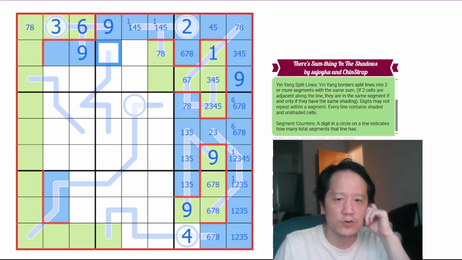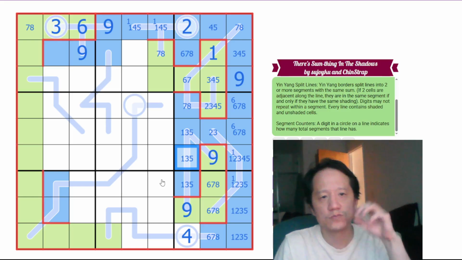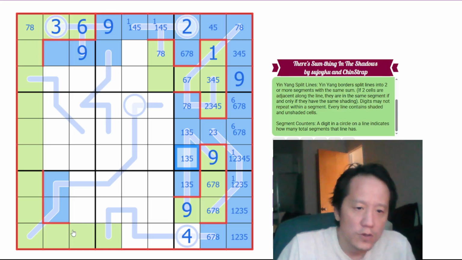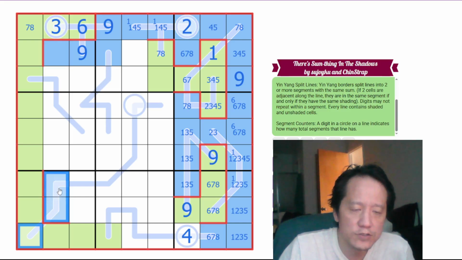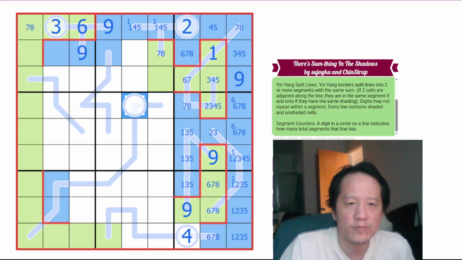This must be blue because of the same reasoning we had for this area. This could be 1, 2, 3. Well, 3, 4, 5, I think. Can it be more than 5?